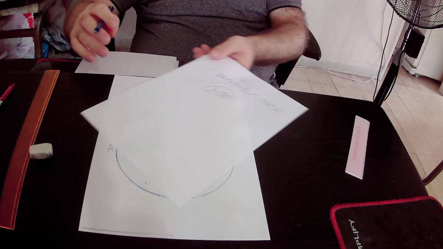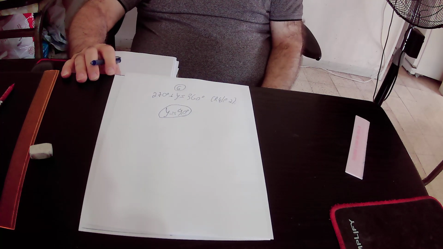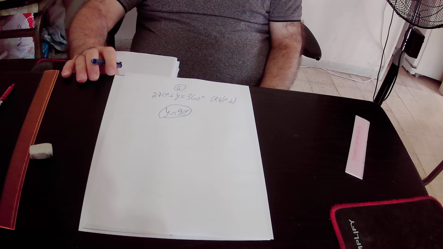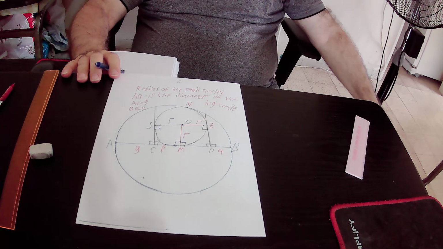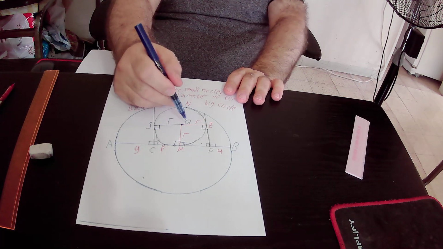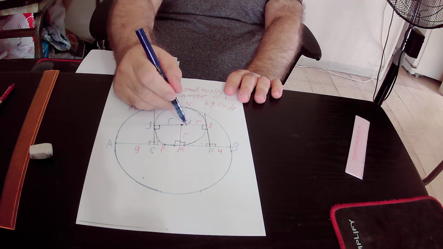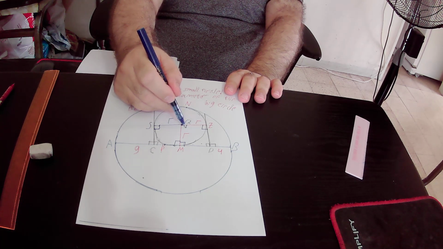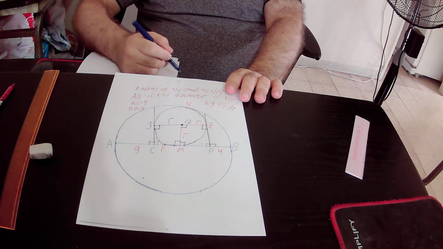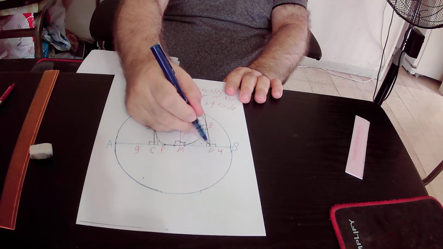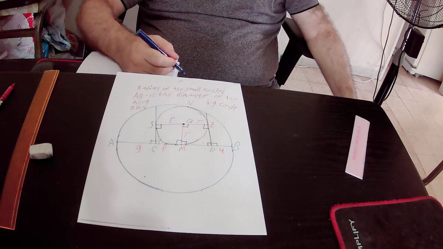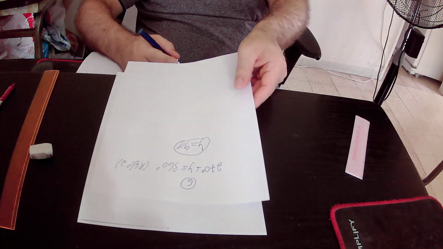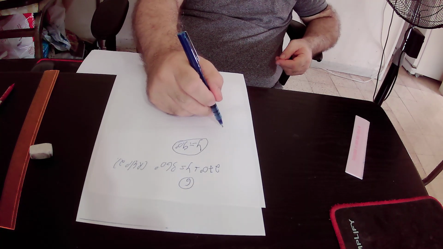So actually the fourth angle of quadrilateral QZMD is also a right angle. Okay, so this angle is a right angle. So actually quadrilateral QZMD has 4 right angles.